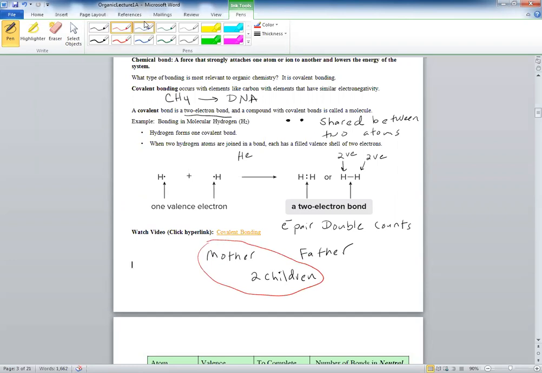The father, when asked, how many children do you have? The father is going to say, also two children. But there are only two children. So if you notice here, the children are shared between the mother and the father. That's the kind of sharing we are talking about in covalent bonding when it comes to an electron pair, is that it counts toward both. And that is a very critical concept to remember.